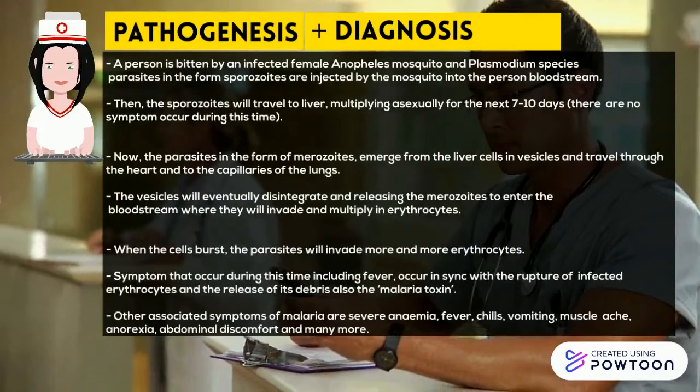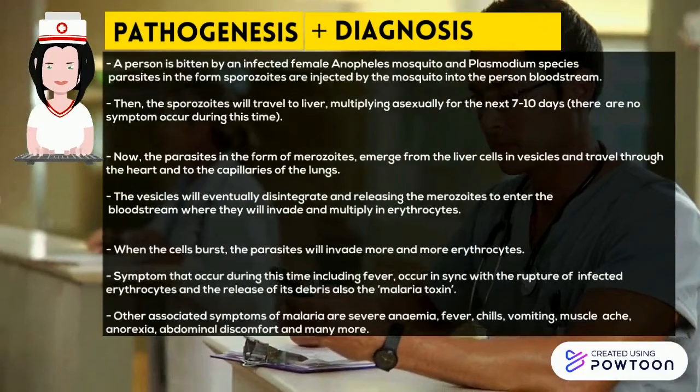Now the parasites in the form of merozoites emerge from the liver cells in vesicles and travel through the heart to the capillaries of the lungs. The vesicles eventually disintegrate, releasing the merozoites to enter the bloodstream, where they invade and multiply in erythrocytes. When the cells burst, the parasites invade more and more erythrocytes.